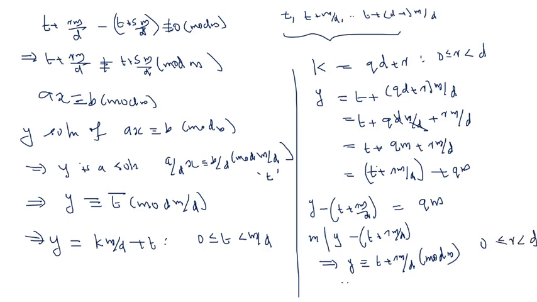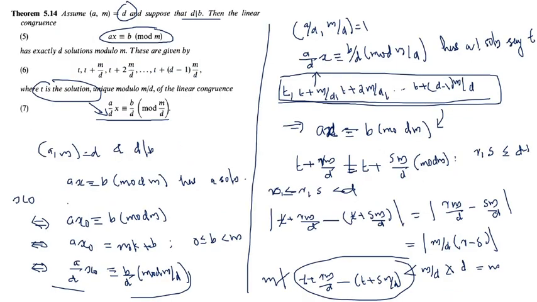That is, if y is any other solution of ax congruent to b mod m, then y must be congruent to one of the d solutions t plus r times m by d. Therefore, there are exactly d solutions t, t plus m by d, t plus 2 times m by d, etc., t plus d minus 1 times m by d, where t is the unique solution of the congruence a by d x congruent to b by d mod m by d. Hence the proof.